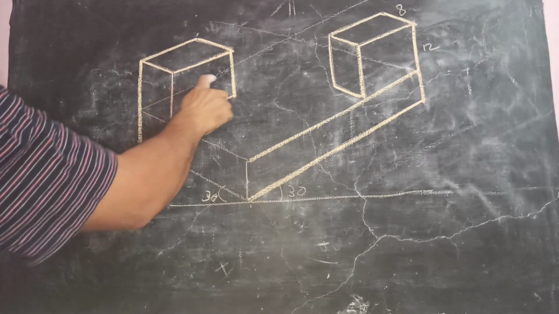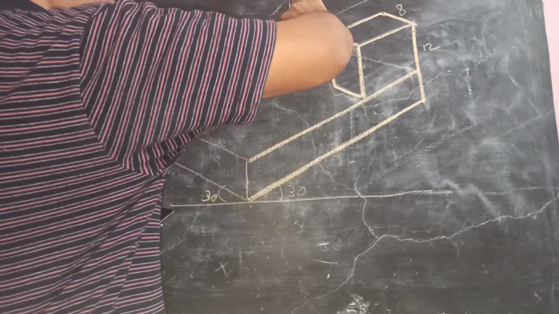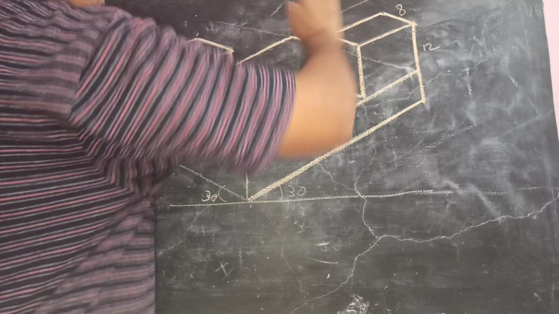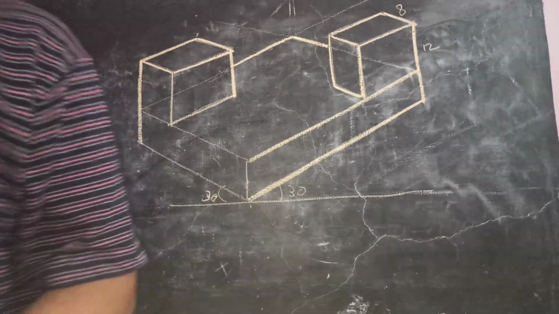Do not make this line dark. The line which is from here to here, you have to make it. That's all. So this is the problem.